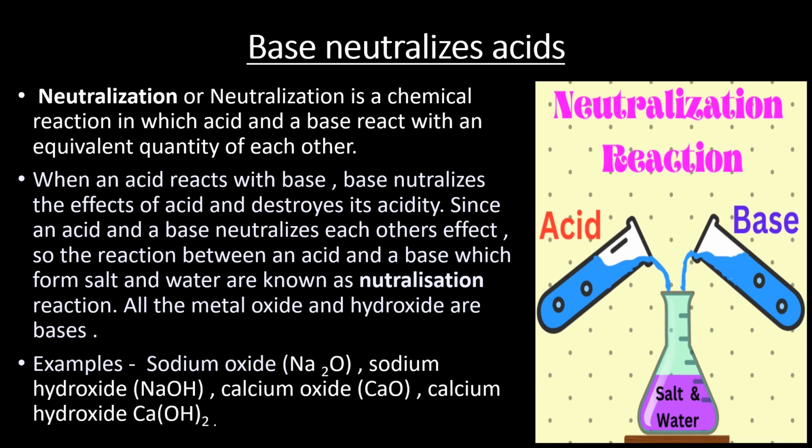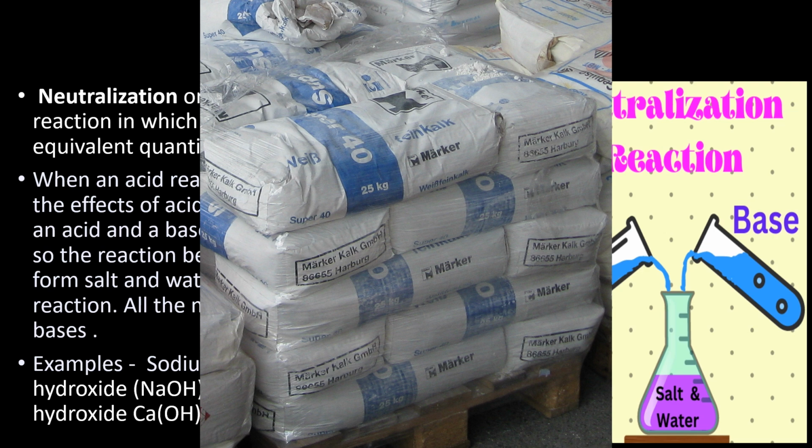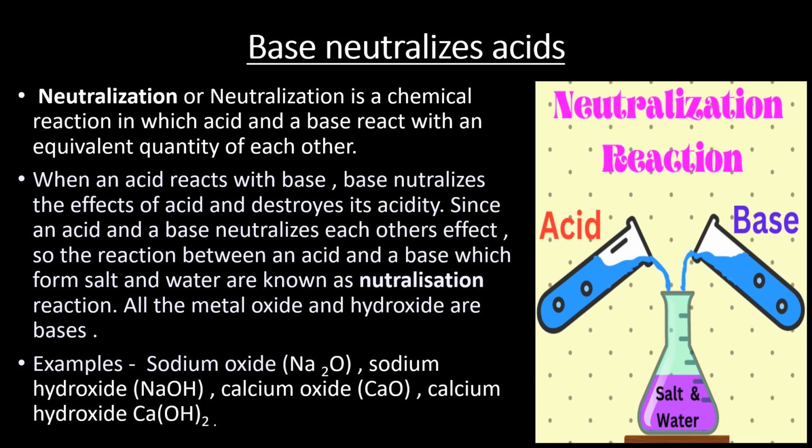So these examples are sodium oxide, sodium hydroxide, calcium oxide, and calcium hydroxide. These are the examples of bases. So have you understood the examples and the definition of neutralization reaction?